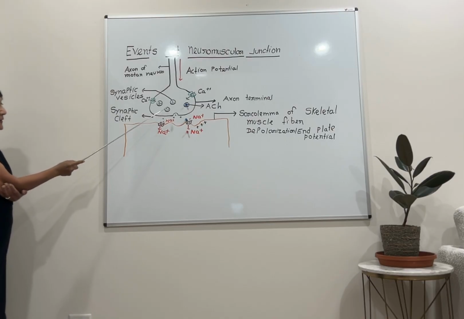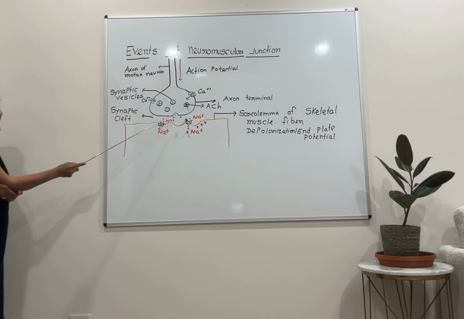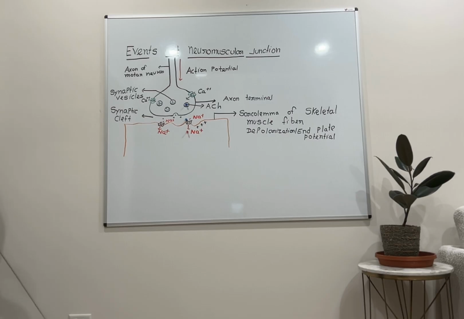These synaptic vesicles fuse with the plasma membrane of the axon terminal and release this blue colored acetylcholine, and these synaptic vesicles release the neurotransmitter acetylcholine by exocytosis. So see, the neurotransmitter acetylcholine is released into this tiny space known as the synaptic cleft.